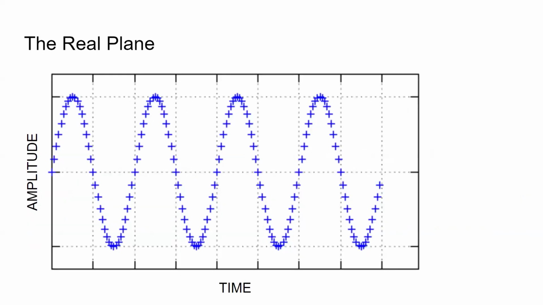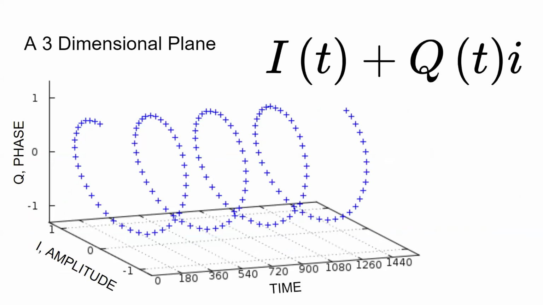Okay, so normally we think of signals in terms of time, right? At some point in time, it might be here, and then it goes up and then down and up and down. But actually, every single signal has another dimension to it.